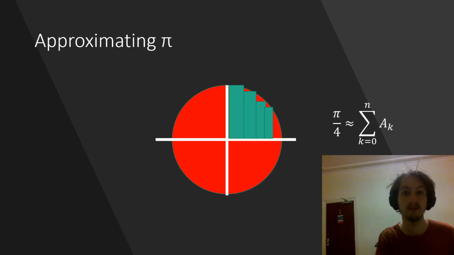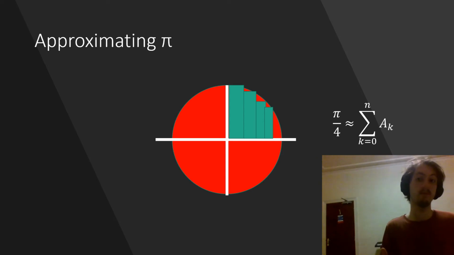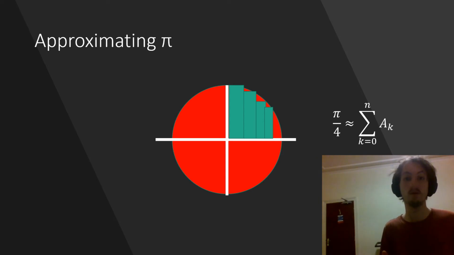And so the first terms in the sequence, which allow us to approximate pi by 4, will be the most significant, which will mean that this series will converge quickly. And so we can quickly see from this diagram not only that we have a way of approximating pi by 4, but that we have a sequence which will converge very quickly.